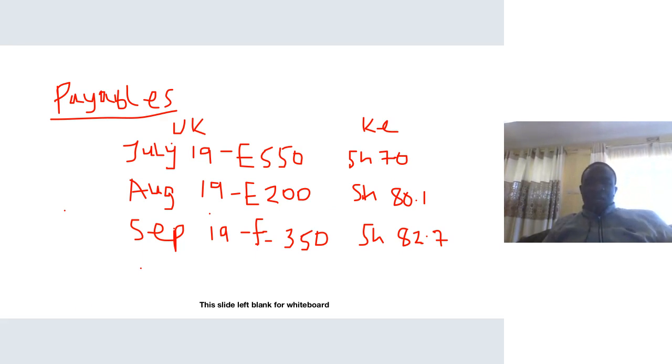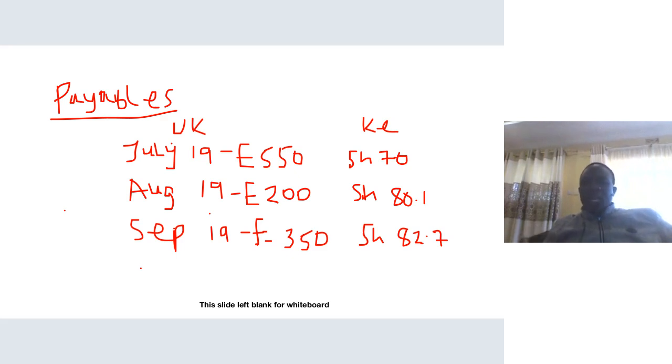So now we have to prepare the payables account. What you also have to remember is that the payables account is the same as the creditors.